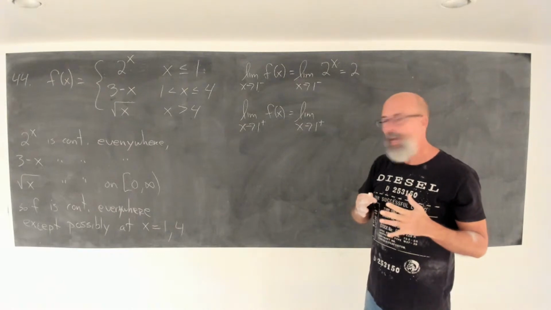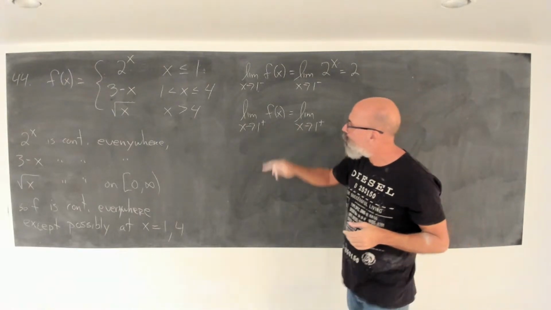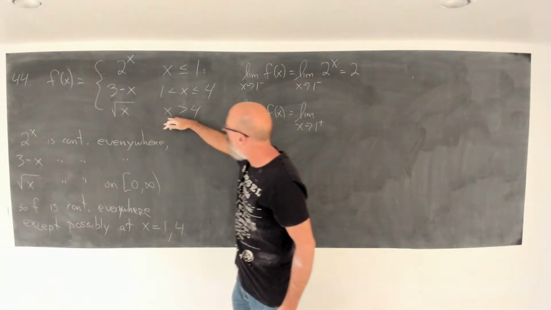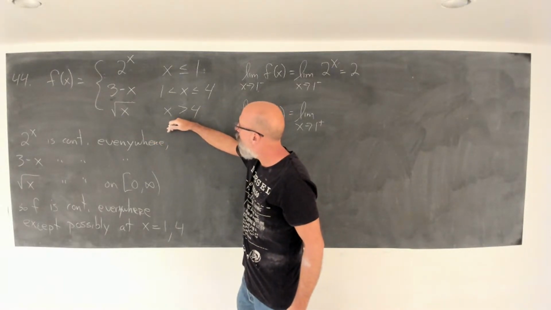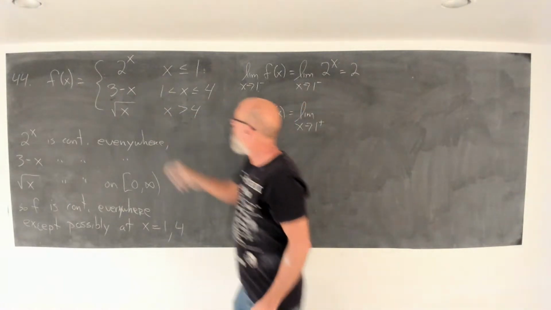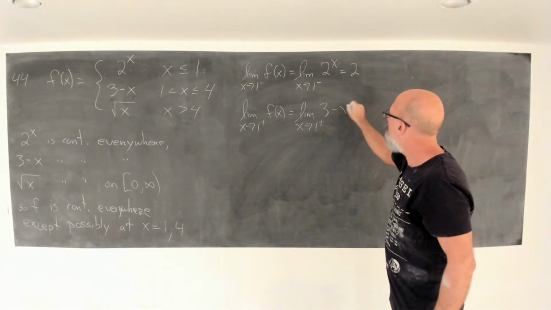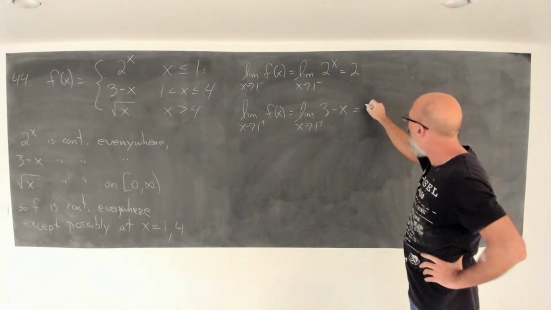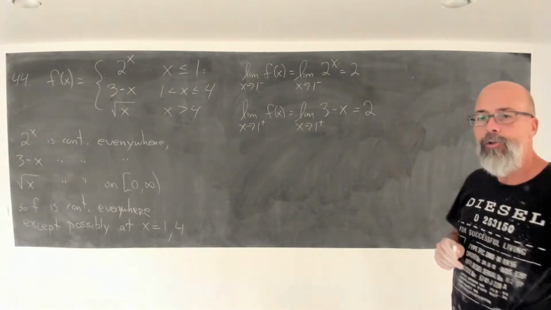We're looking for the behavior of the function for values very close to 1. Here, this function is not close to 1. This is for values bigger than 4. 4 is not close to 1. We have to use 3 minus x. Whose limit is 2.